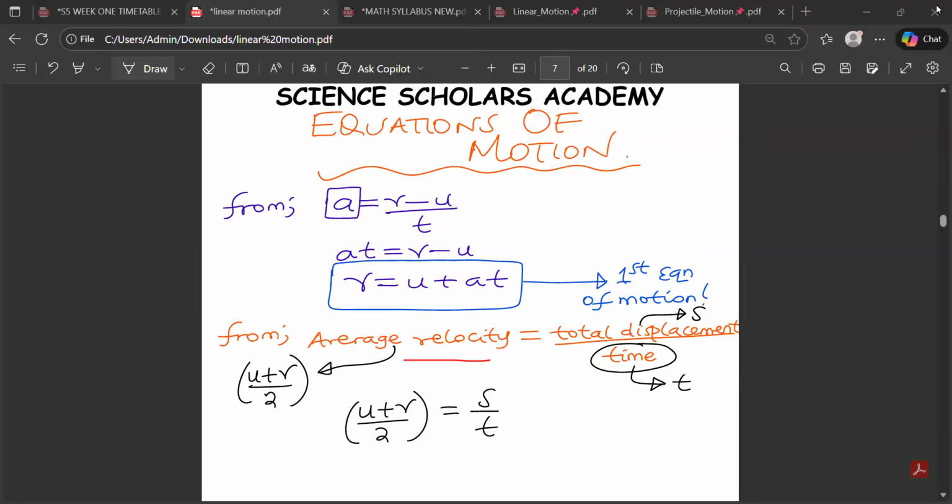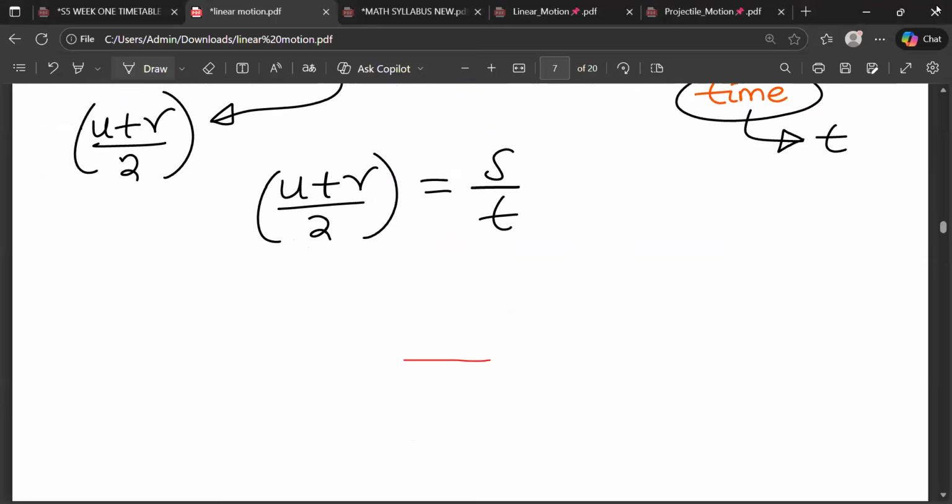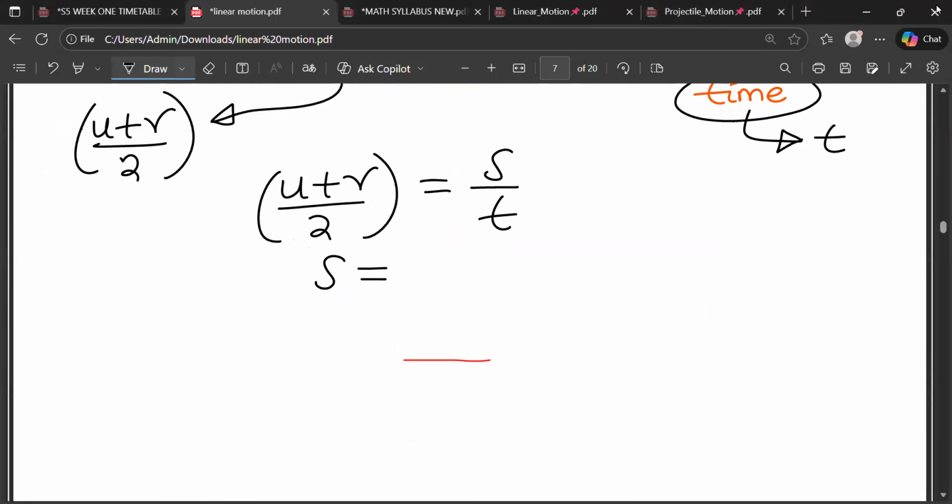So let me cross multiply and make, of course, s the subject. So when I cross multiply and make s the subject, s will be the side alone. The u plus v over 2 may stay alone, but we may have t there.